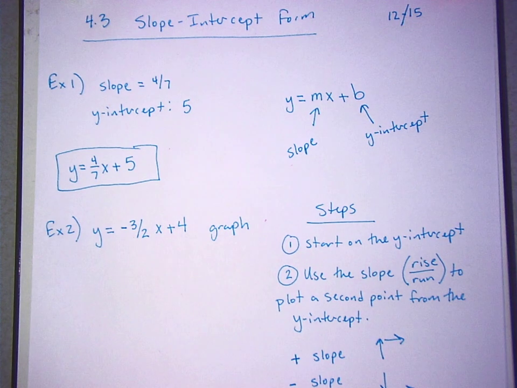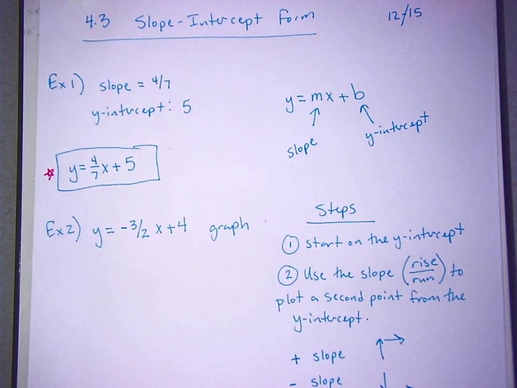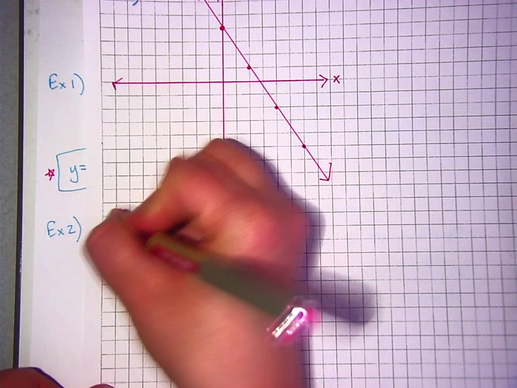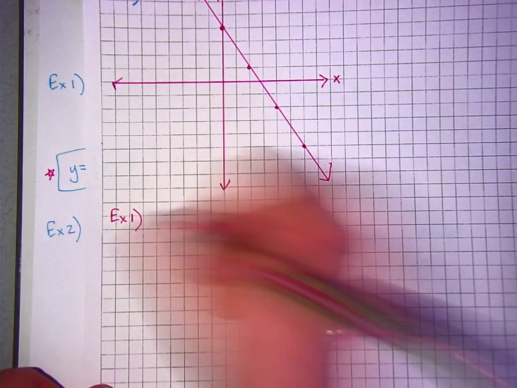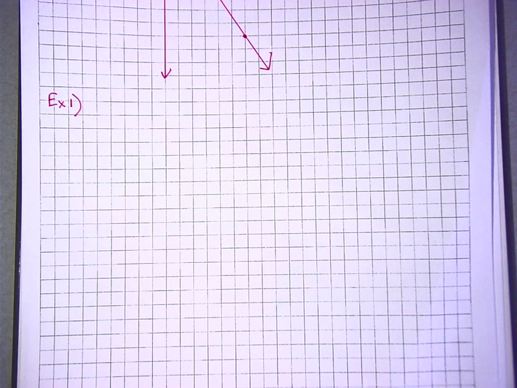All right, why don't you do this one with your team? I want you to write example 1 down, because now you're going to graph the equation from example 1. So with your partner or with your team, please graph that one.